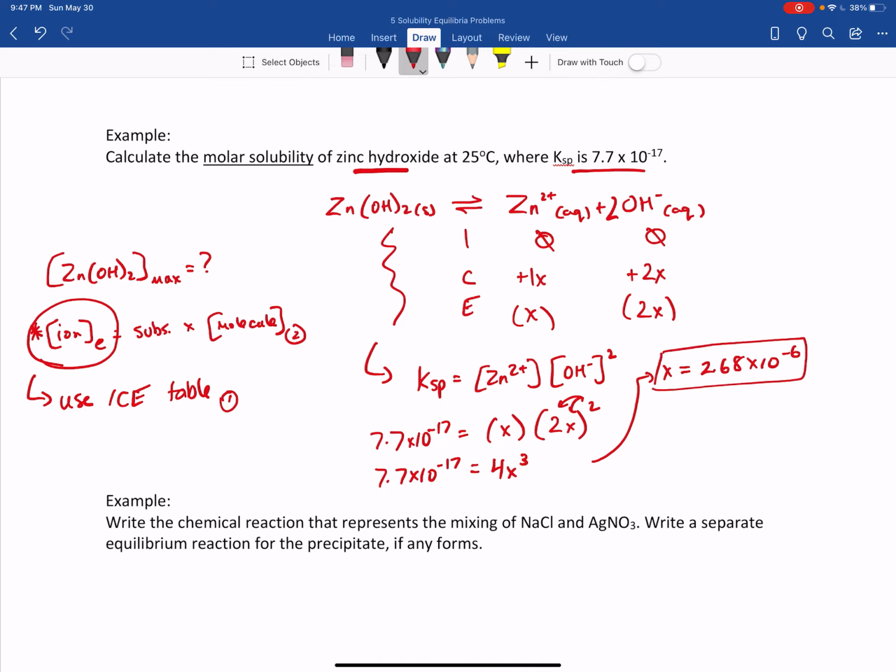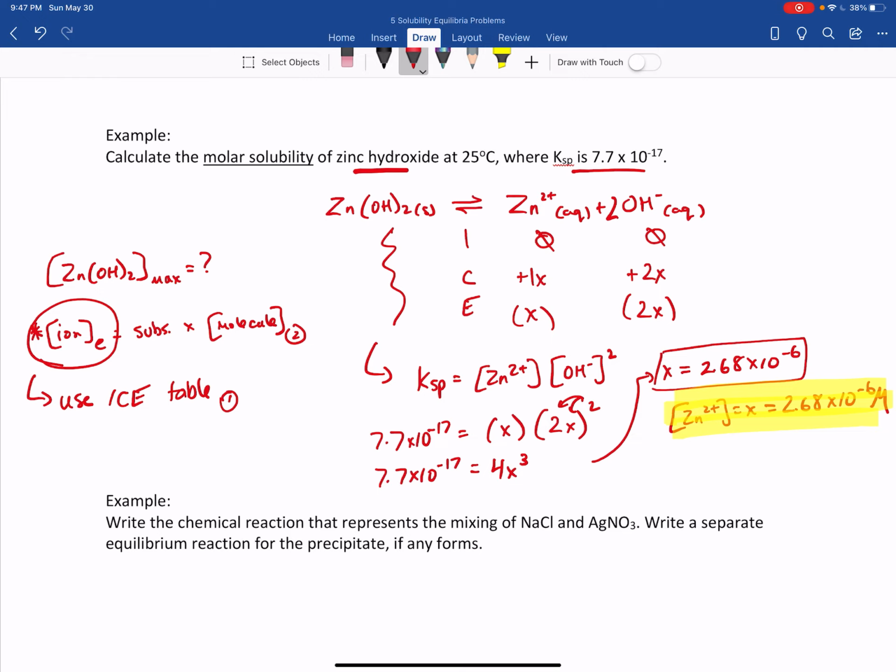So let's think about what this means now. So we can plug that value back in to find out the ion concentrations, which means the concentration of zinc is equal to x, which is equal to 2.68 times 10 to the negative 6 moles per liter. Now that's important, because now that we know the concentration of one of the ions, we don't need to know both, but it'll work.